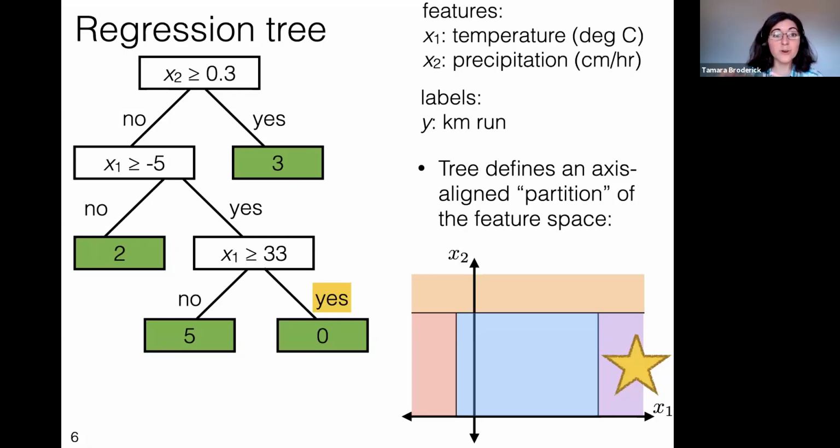And if we could imagine rotating that, you would actually see this step function that we're predicting.